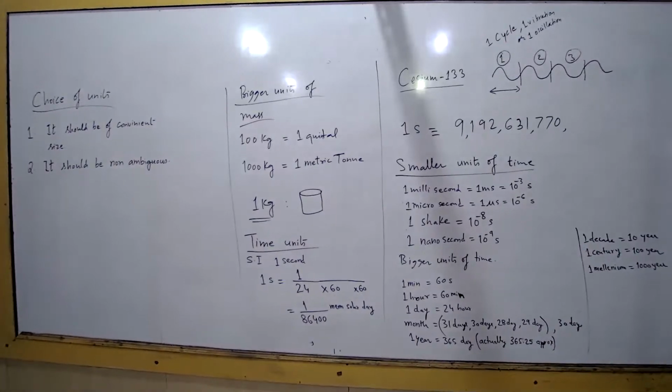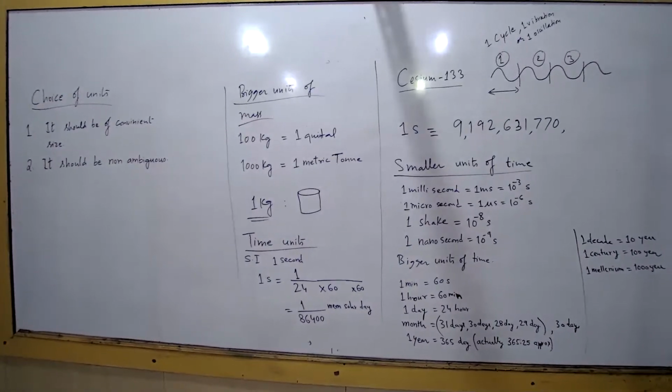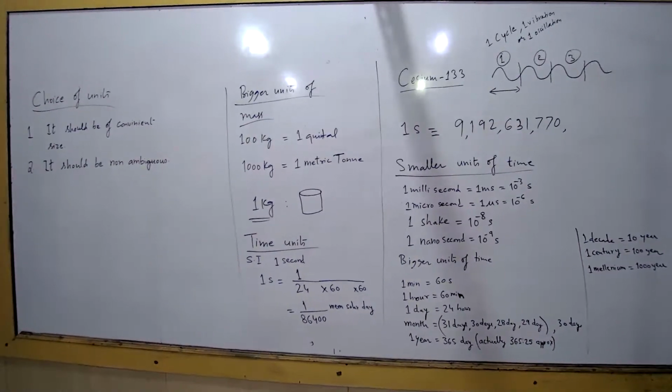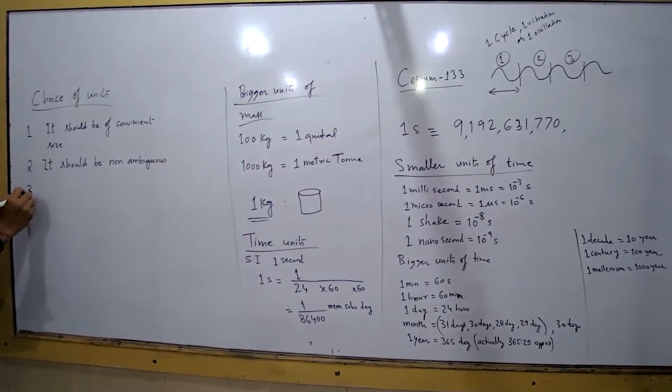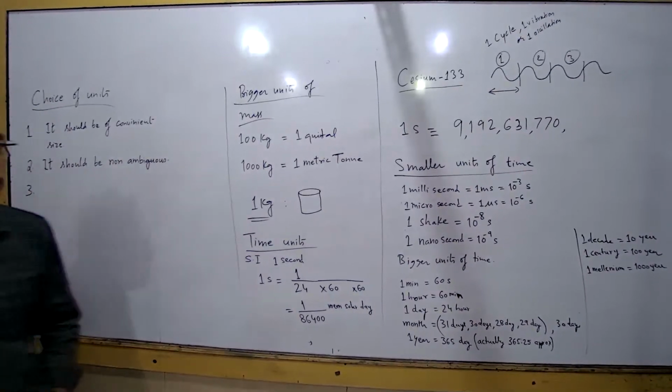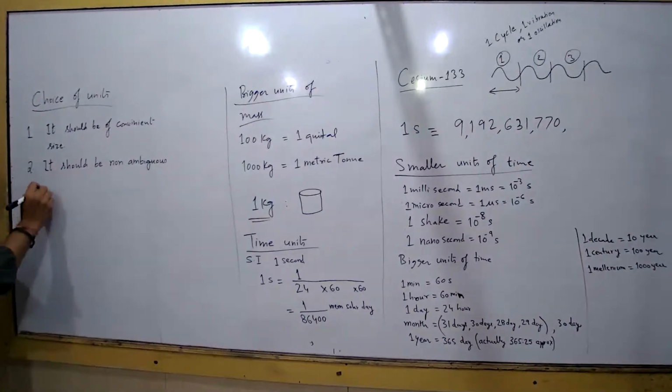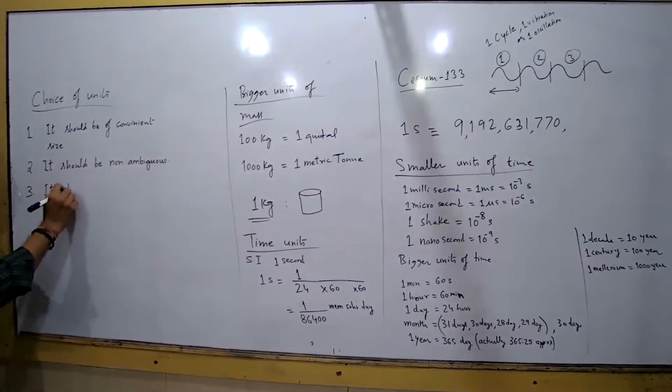Non-ambiguous means it should be clear. The definition should be very, very clear. There should be no confusion in it. Then it should be easily reproducible.